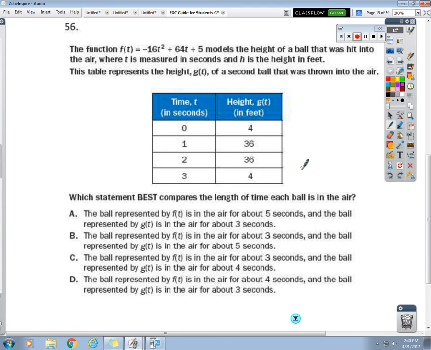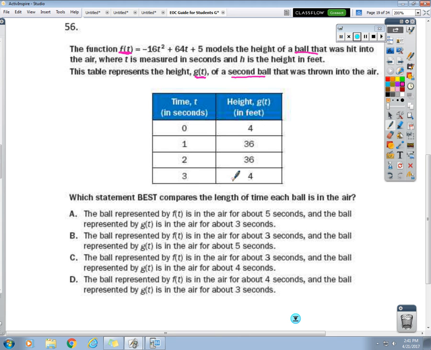So you really got to think about this one. They're giving you two different scenarios here. F of t is the first ball, g of t is the second ball. Well, f of t is given to you in equation form. G of t is given to you in table form.